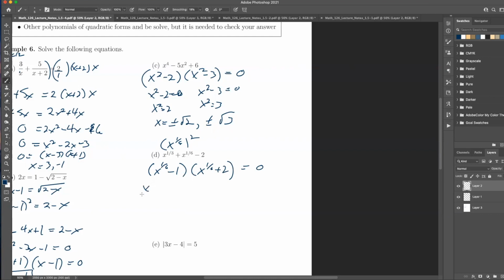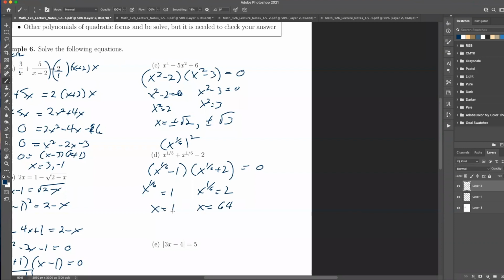So x to the 1/6 power is equal to 1, or x to the 1/6 power is equal to 2. We're going to raise both sides to the power of 6. So x equals 1, or 2 raised to the power of 6, which is 64. We need to check both these answers.